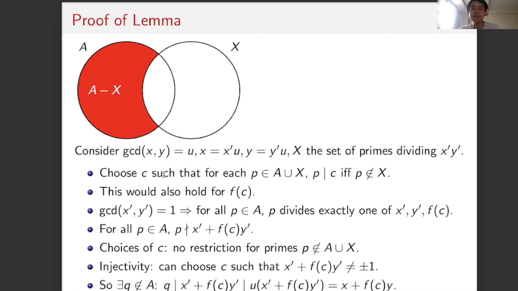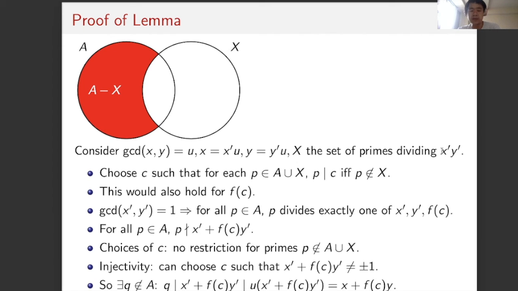Now, going back to the choices of C, we already specified the prime divisors of C if the prime divisors come from A union X. But we did not say anything about the primes that are outside A union X. So first of all, let's show why this is valid, meaning that we can choose such C. Well, that's because we assume that A is finite, and X is finite because x prime and y prime are both non-zero numbers, and therefore they must have a finite number of prime divisors.